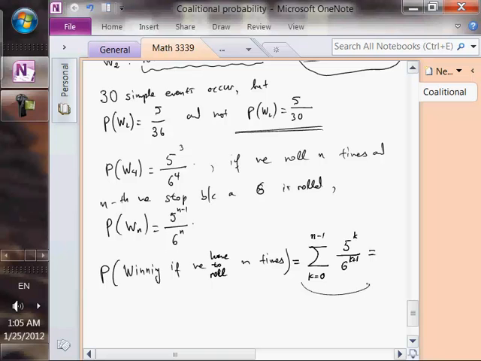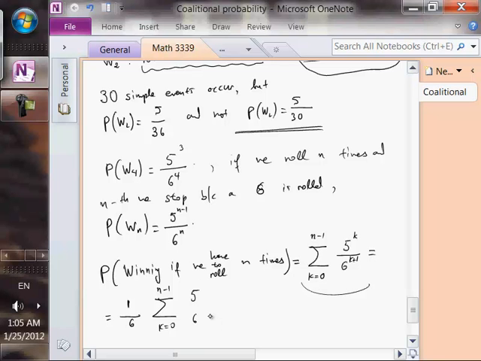You will see that you have the formula derived before. And of course that one is 1 over 6 times the sum of the geometric series, five-sixths to the kth power.